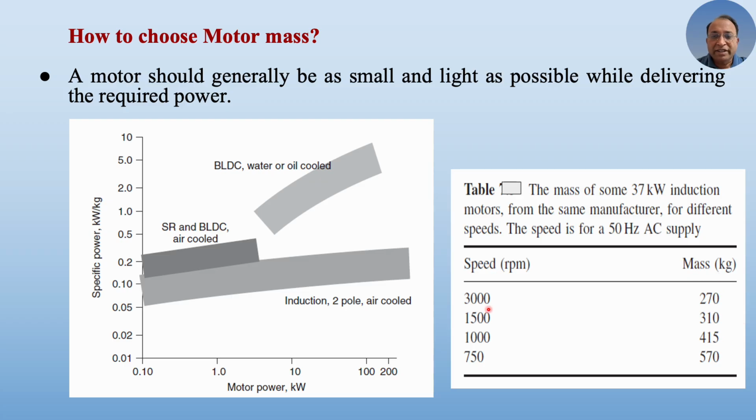We can see that as we move from higher speed to lower speed, from 3000 to 750 RPM, the mass of the motor changes drastically. It is nearly doubled from 270 kg to 570 kg for the same power rating.